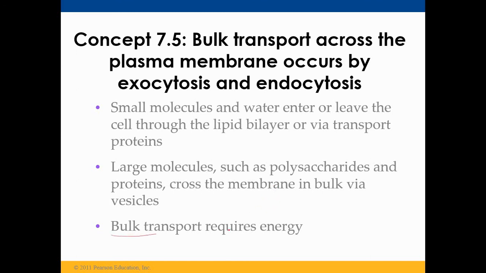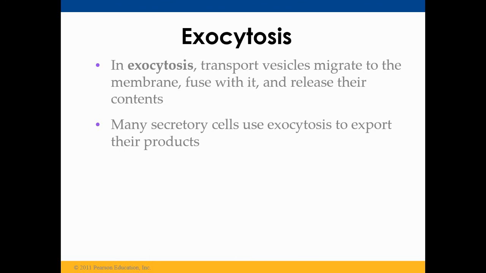Bulk transport requires energy because they are big. It's difficult for them to pass through the cell membrane or even be transported by the transport proteins we used, like for calcium, di ba? So, if the molecules are large, it will require energy, and this occurs by exocytosis or endocytosis.